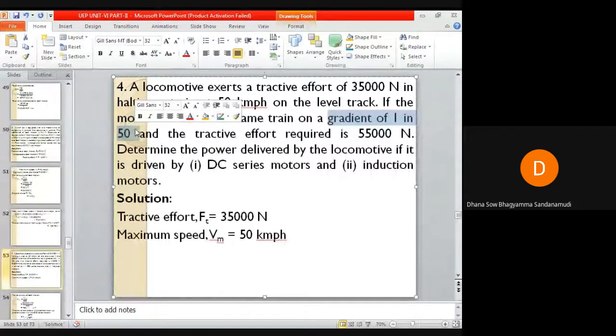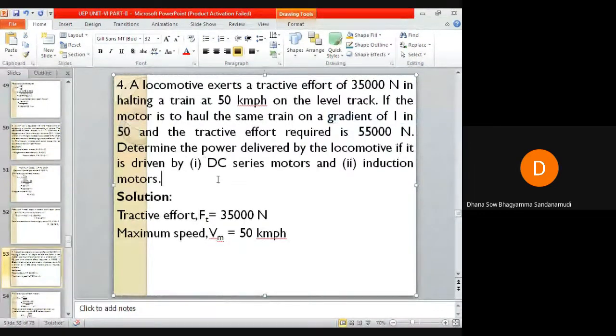Whatever data is given in the problem, it depends on what is asked. It is not necessary that since they have mentioned so and so data in the problem, you must use the whole data to determine what you need. Suppose you want to determine output power, the formula is Ft into Vm by 3600.